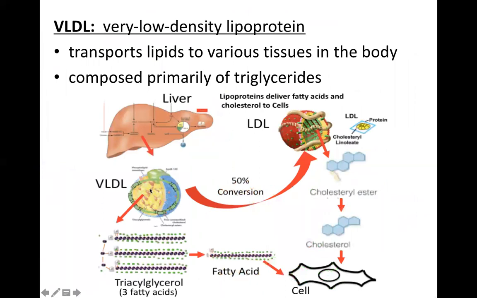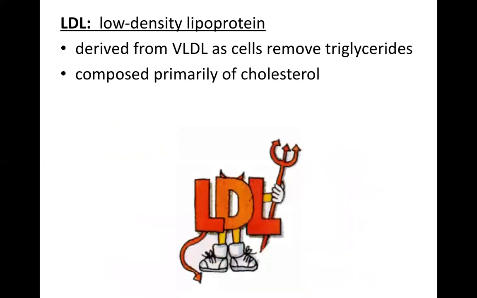After they have done this, they are converted to LDL, so that's what this diagram is showing. LDL comes from VLDL, and most of the triglycerides have been removed from the VLDL, so what's left is primarily cholesterol. And LDL will circulate through the body, making that cholesterol available to the cells and the tissues.